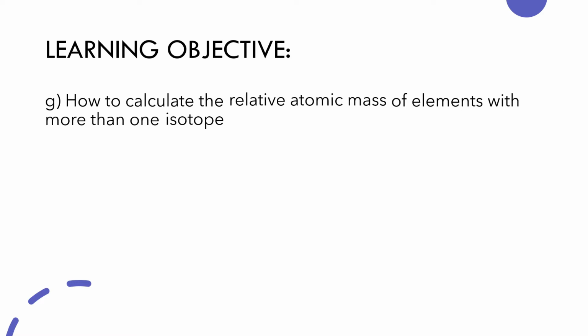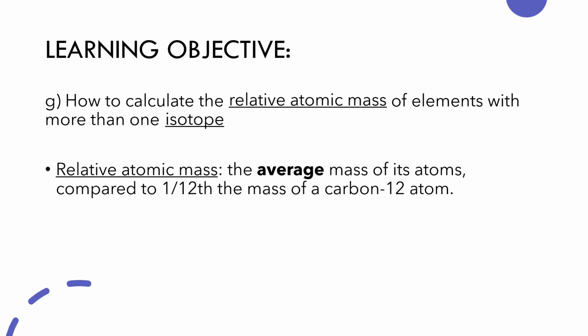But before we get into the process of this learning objective, I want to cover two key definitions to do with this. The first one is relative atomic mass and the second is isotope. The relative atomic mass is the average mass of its atoms compared to 1/12 of the mass of a carbon-12 atom.